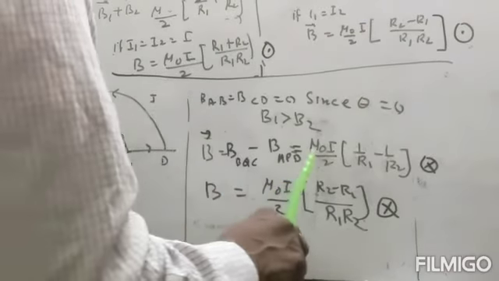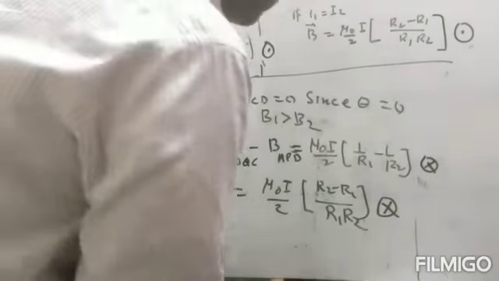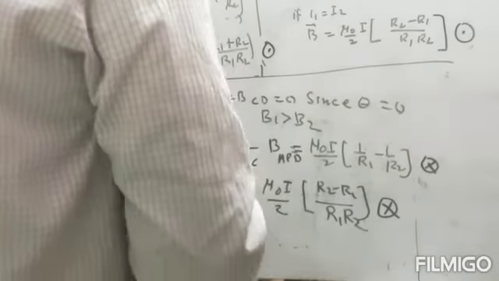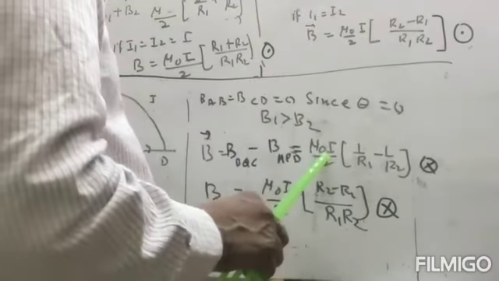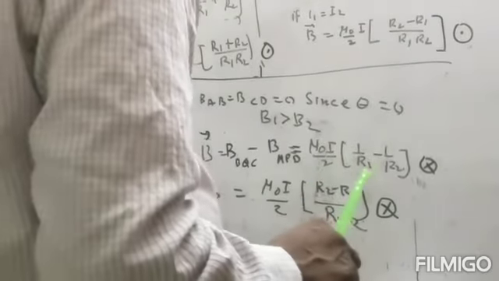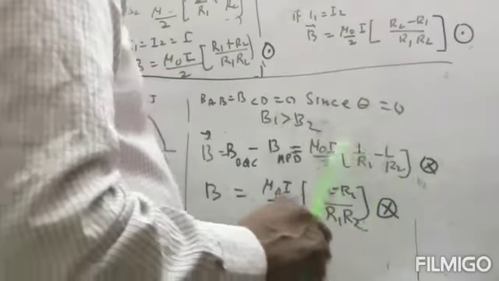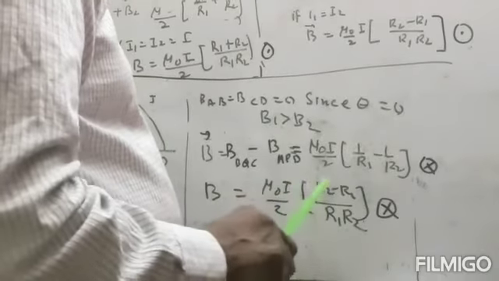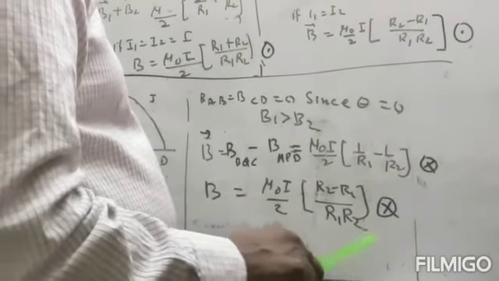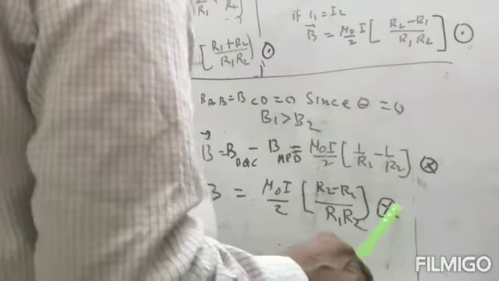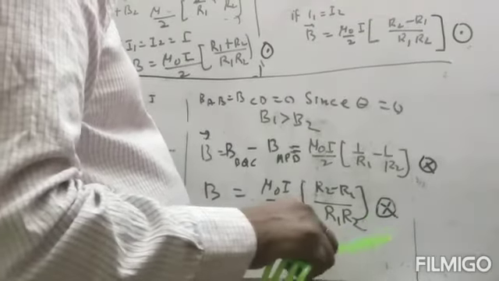This will be equal to mu0 I by 2 times (1 by R1 minus 1 by R2). So B will be equal to mu0 I by 2 times (R2 minus R1) divided by R1 R2, and the direction will be perpendicular, inside the board.